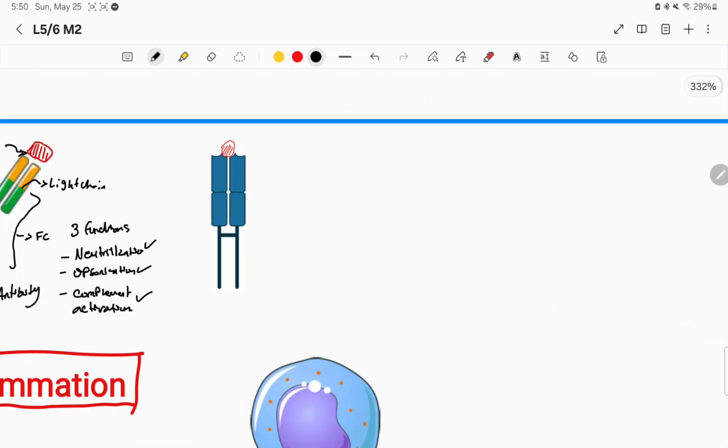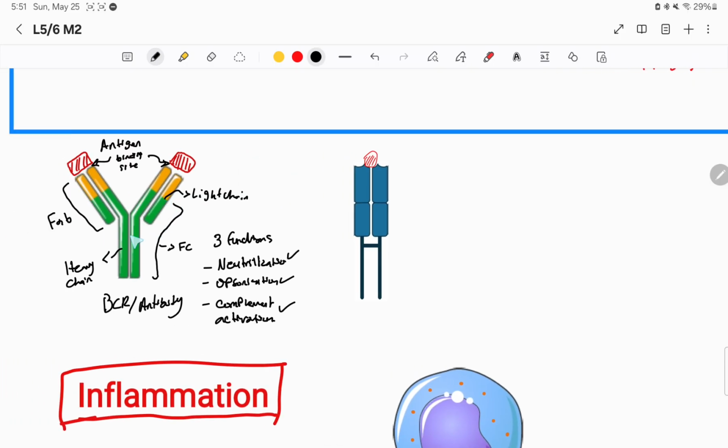The last thing is neutralization. This is a very interesting function where the antibody binds and blocks any viral or bacterial proteins that normally try to interact with our cells, or binds and blocks any toxins that these bacteria release to try and damage our cells.